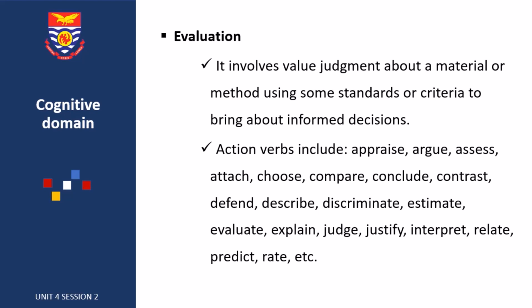For example, by the end of the lesson, the student should be able to compare and contrast. They should be able to attach. They should be able to assess. They should be able to appraise, argue, etc.